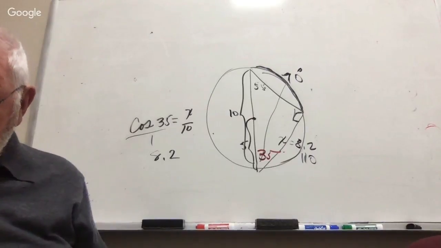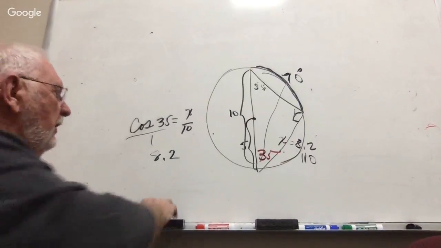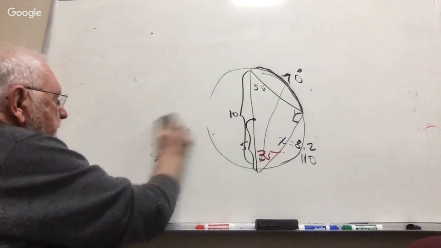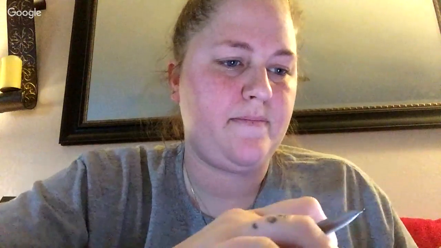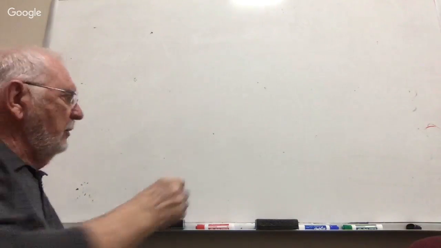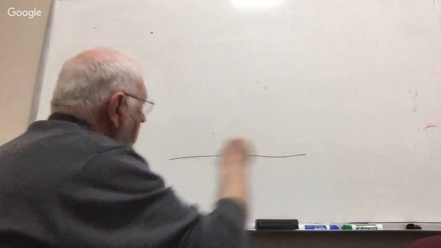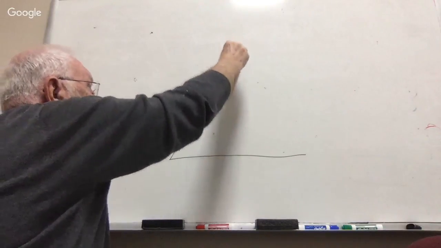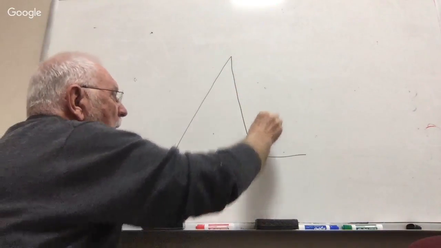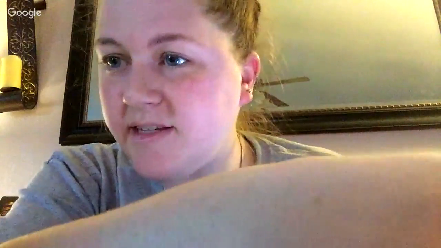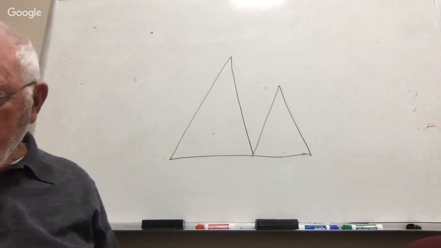All right. Let's get away from circles for a minute. Here's kind of a weird looking figure. I'm gonna be eating this go round if that's okay with you.